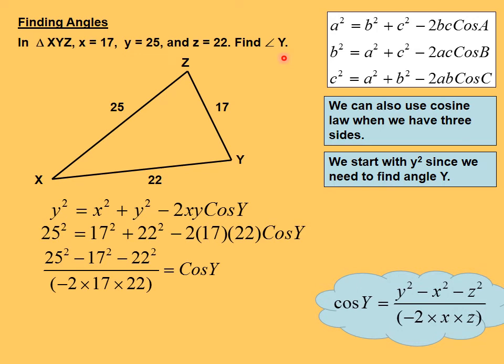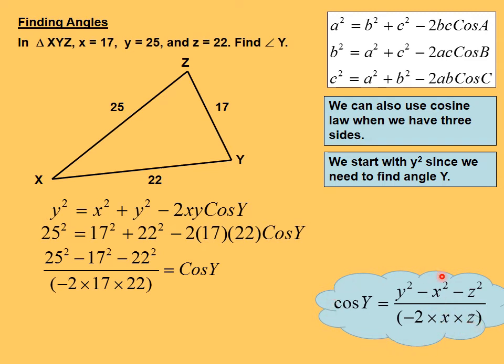If you don't like doing it that way, here's another way of memorizing the formula right from the beginning and then plugging the numbers in. So let's say they asked us to find angle y. I would start with cos y, because this is the angle, and then I would write y squared, what I just started with, minus the square of the other two sides, then divided by negative 2 times the last two things I wrote, x and z.